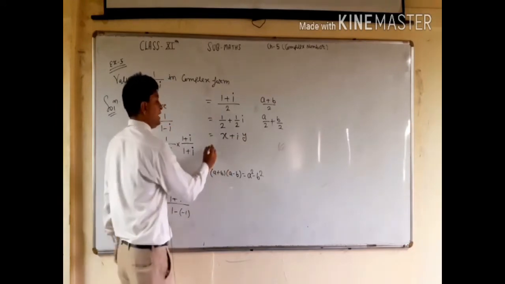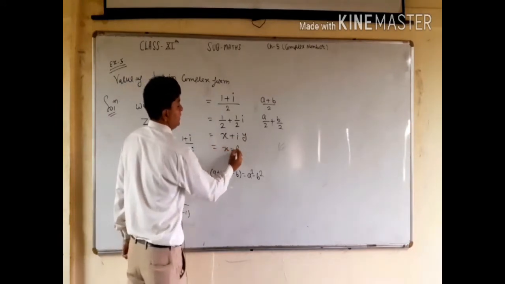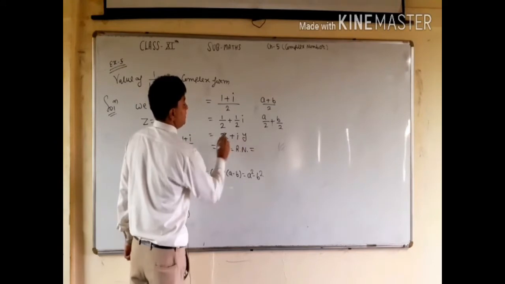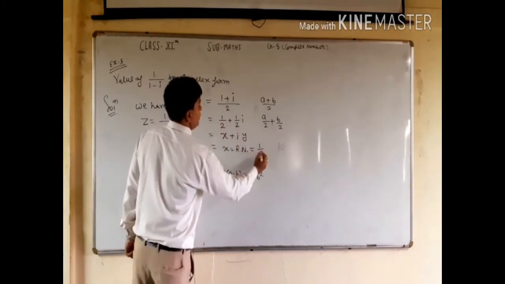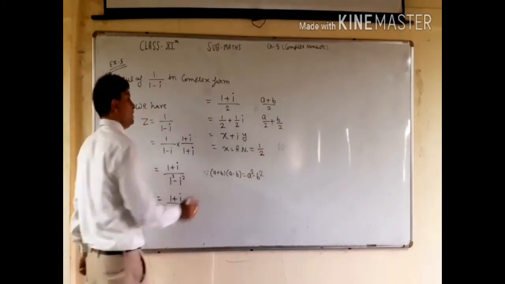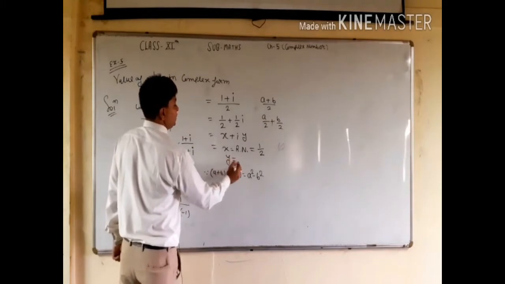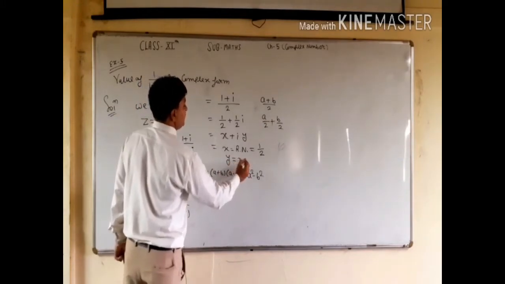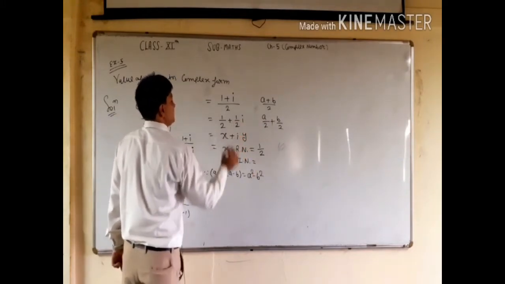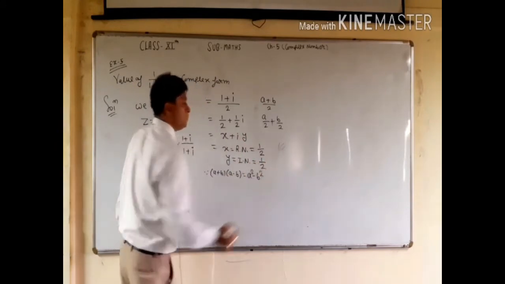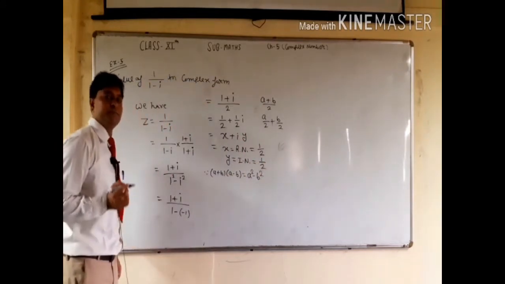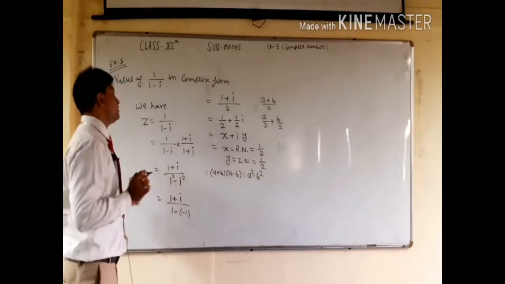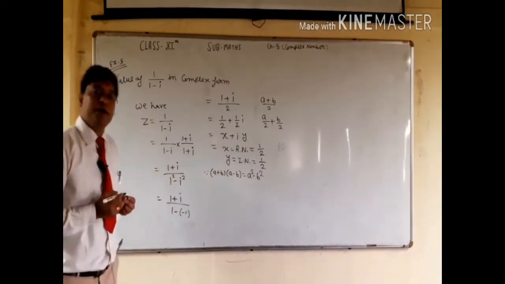So x is the real number, and the real number is equal to 1 upon 2, and similarly y is the imaginary number, and the imaginary number is equal to 1 upon 2. Okay students, this is a very important question of exercise 5.1.